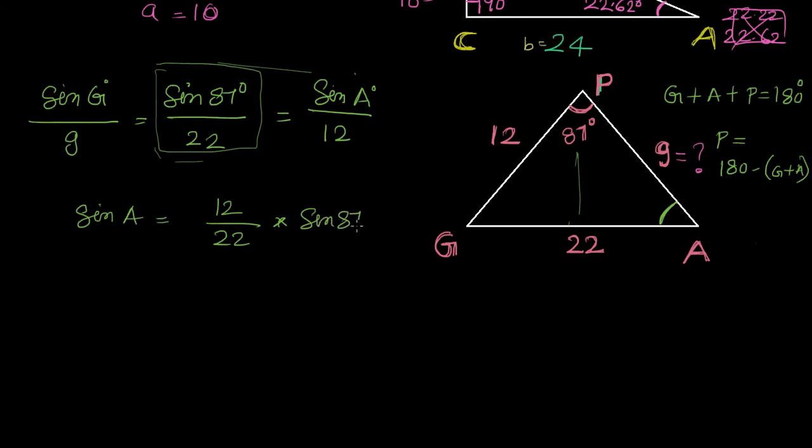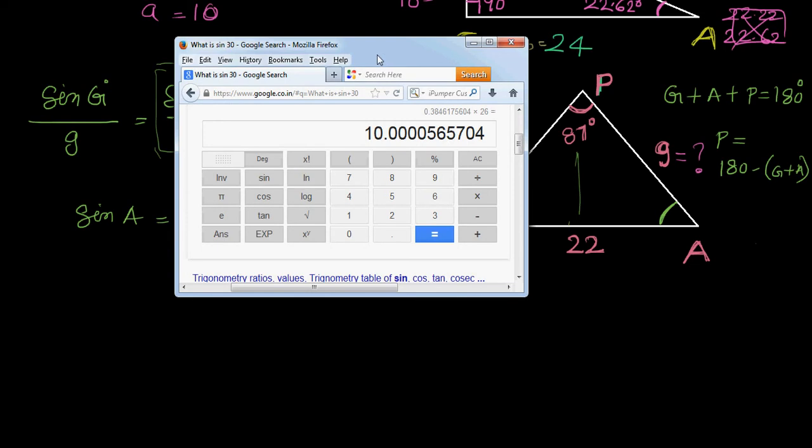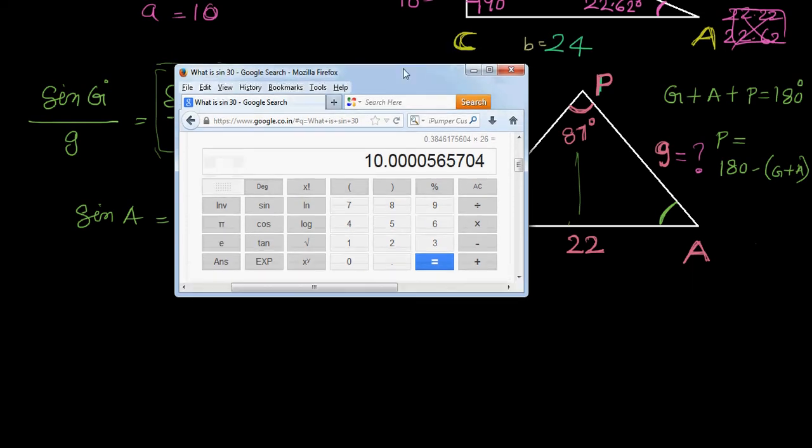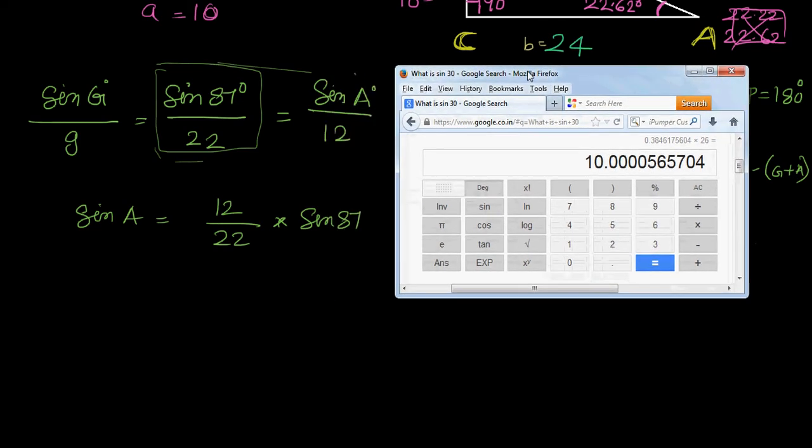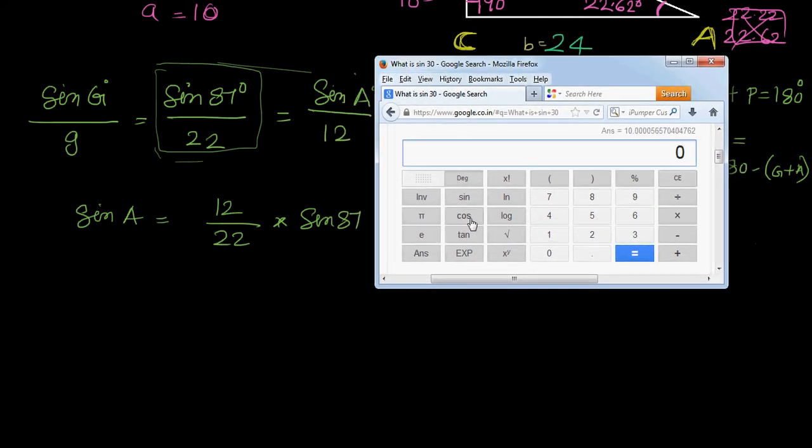Now let's get Mr. Calculator and we need your help to find out sine of 87 into 12 by 22. Okay, fine. Let's say sine 87 into 12 divided by 22.